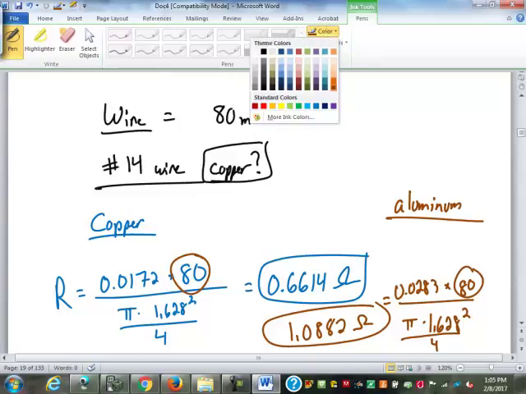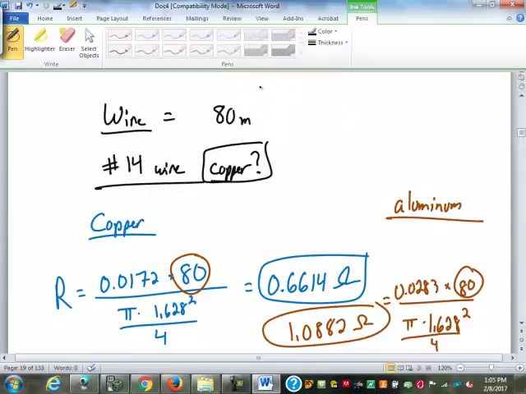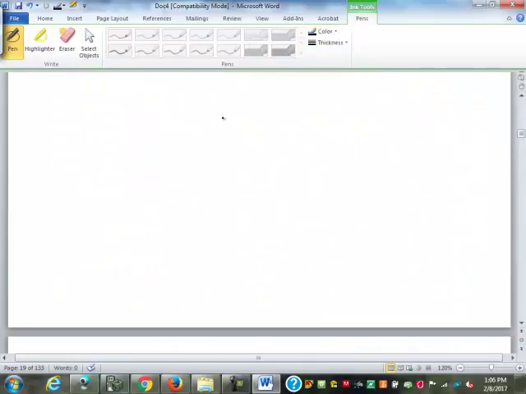Last thing for the day is I want to talk about thermal issues. Let's say that a piece of wire has a resistance of 0.34 ohms at 28 degrees Celsius.